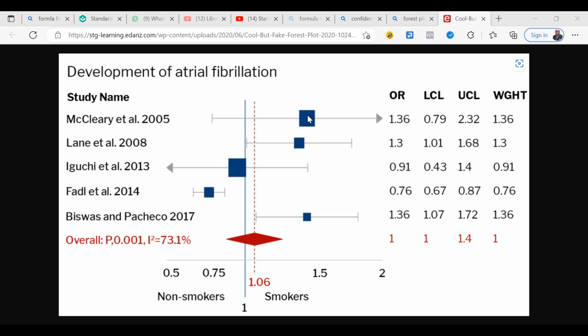But now, apart from this one, what else can you see? Is it significant? No, not significant. Why? It touched the line of 1, right? What else can you say about this confidence interval? You can see how big it is.